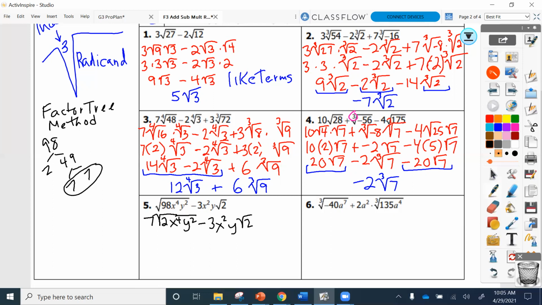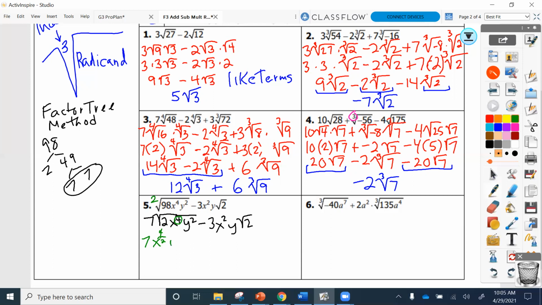And remember that when the index is 2, that's the number you're going to divide by to get terms out. So we have this 7, and then we have x to the 4 divided by 2, the index.